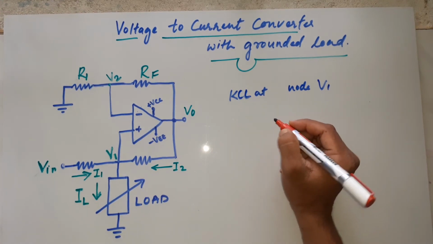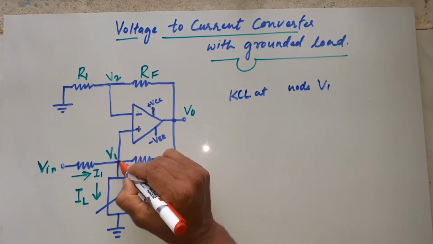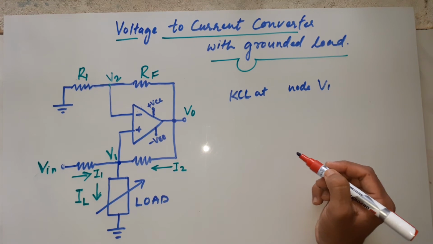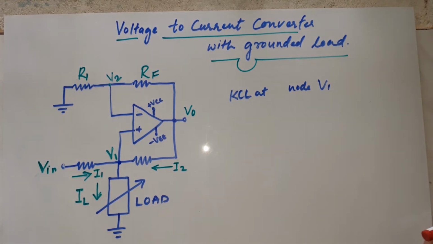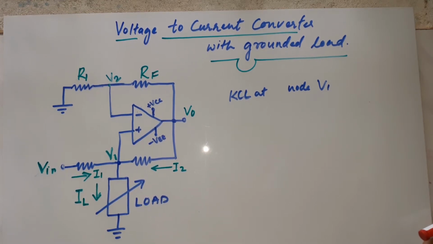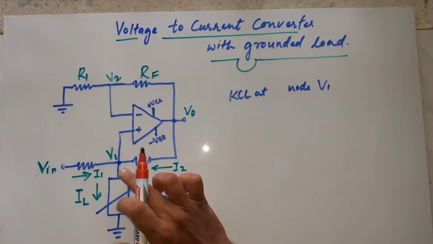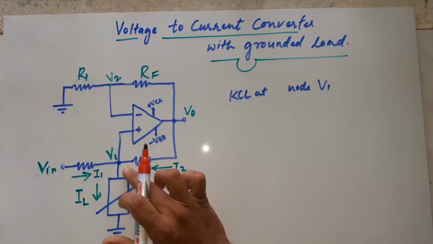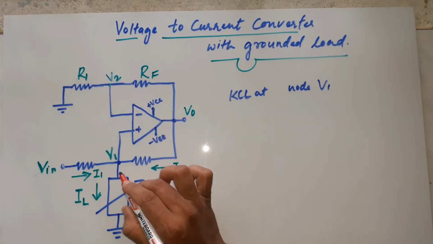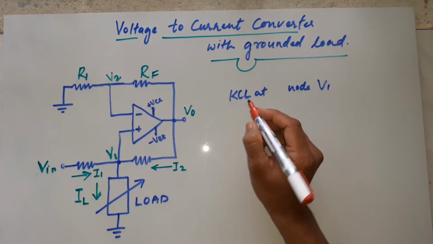KCL at node V1, this node. What is KCL? What is Kirchhoff current law? Current meeting at a junction is 0, right? Means the current entering a junction is equal to current leaving the junction, isn't it? The current entering a node is equal to current leaving the node, that is KCL.